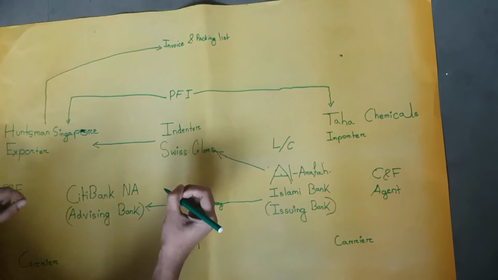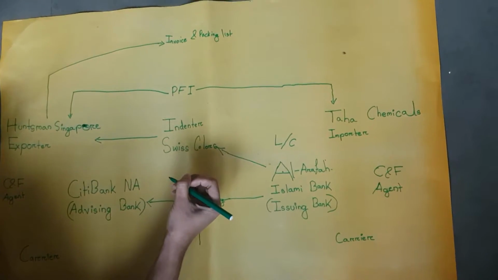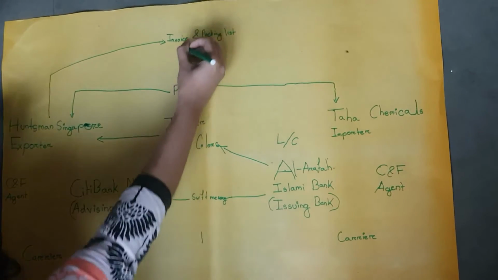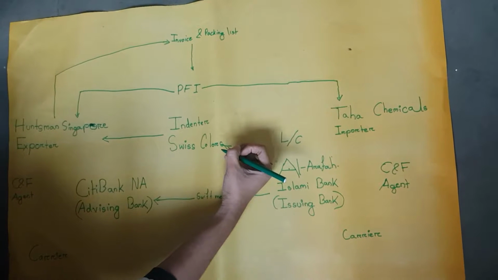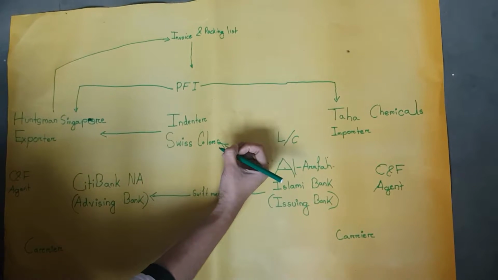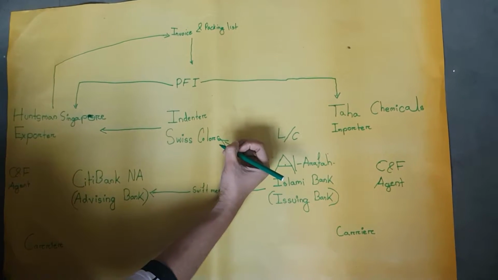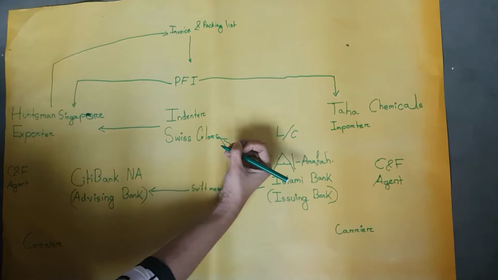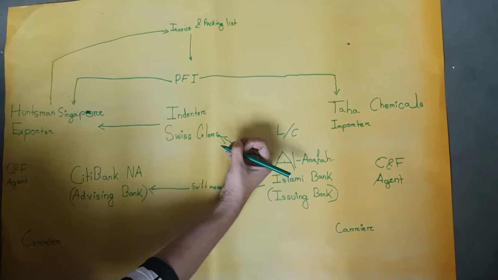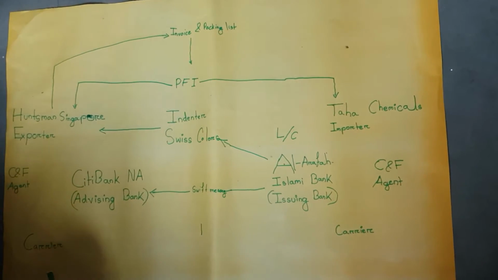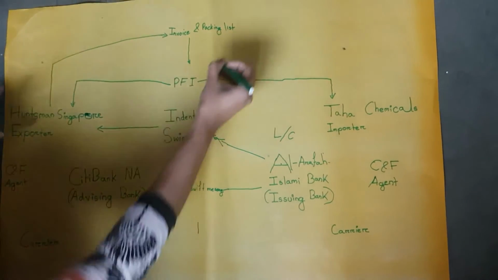The invoice and packing list will be sent to the indentor Swisscolor. Then Swisscolor will confirm the HS codes, quantity and country of origin of the product, and the weight and volume of the product in the packing list, and will send the invoice and packing list to Taha Chemicals.